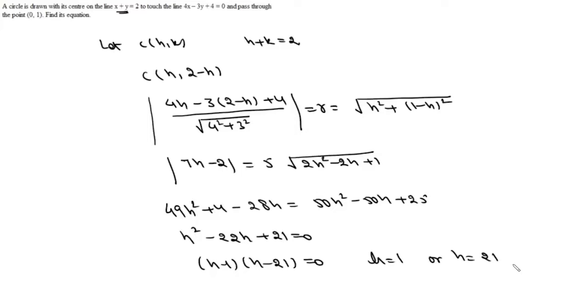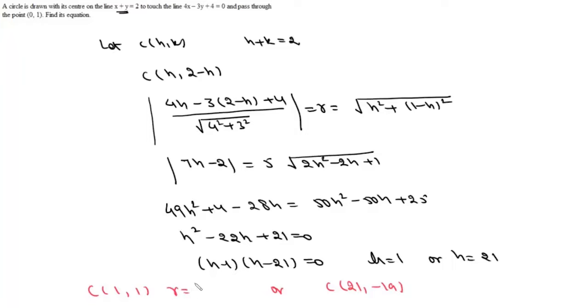Now once we have this h, we can write the center of this circle. The center will be (h, 2 − h). So if h is 1, it will be (1, 1), or when h is 21, it will be 2 − 21, which is −19. And we can also write its radius.